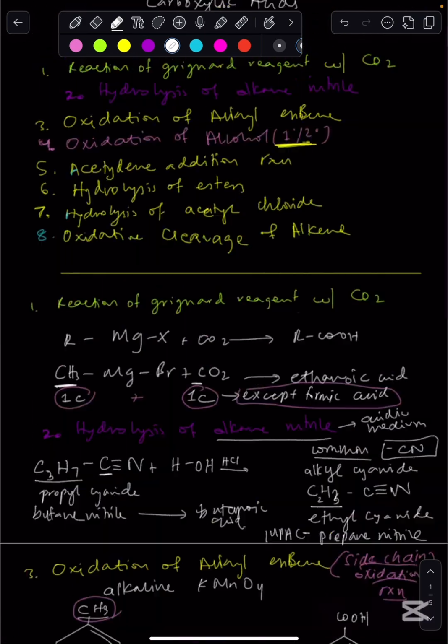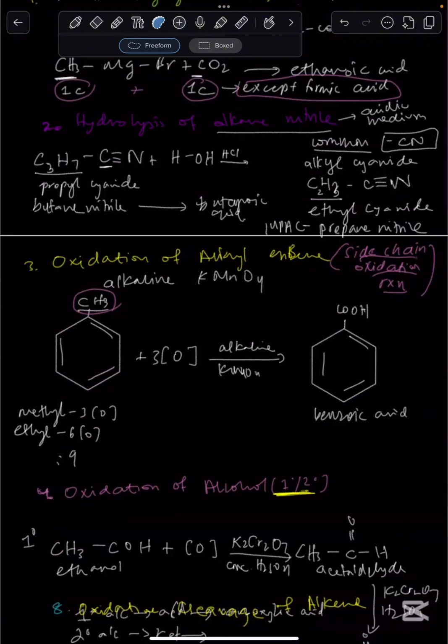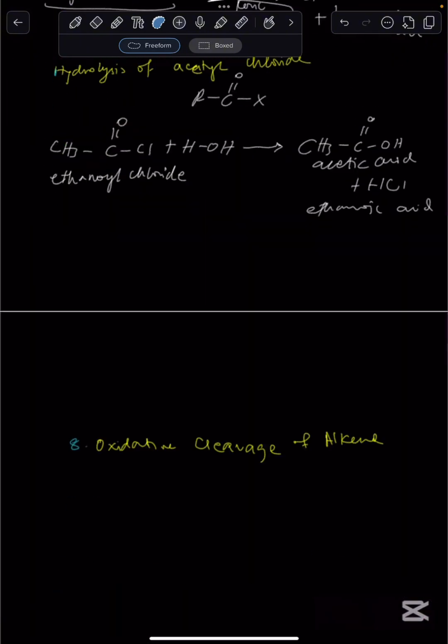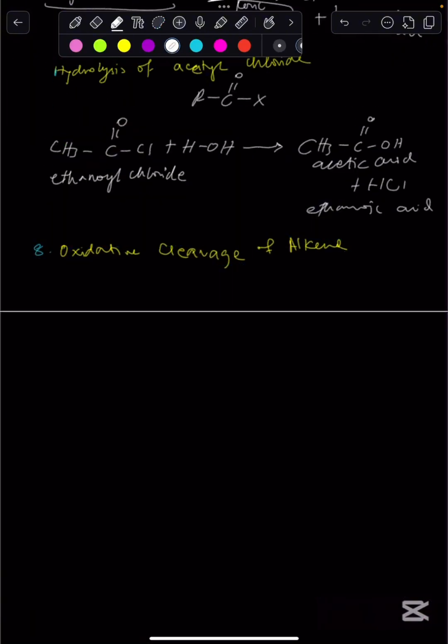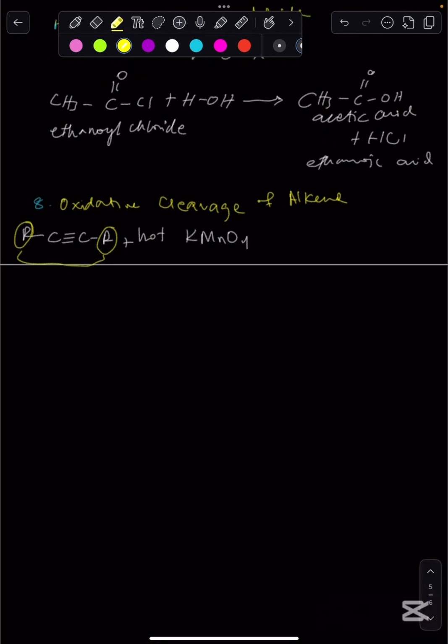Now moving on, what we have is the oxidative cleavage of alkene, which is I think the last step. So it occurs in the presence of hot KMnO4. Now this is a tricky part, that what we have is an alkene, for example. Only these will form. So for example, this one has 2 carbon, this one has 2 carbon. These will combine to form 4 carbon.